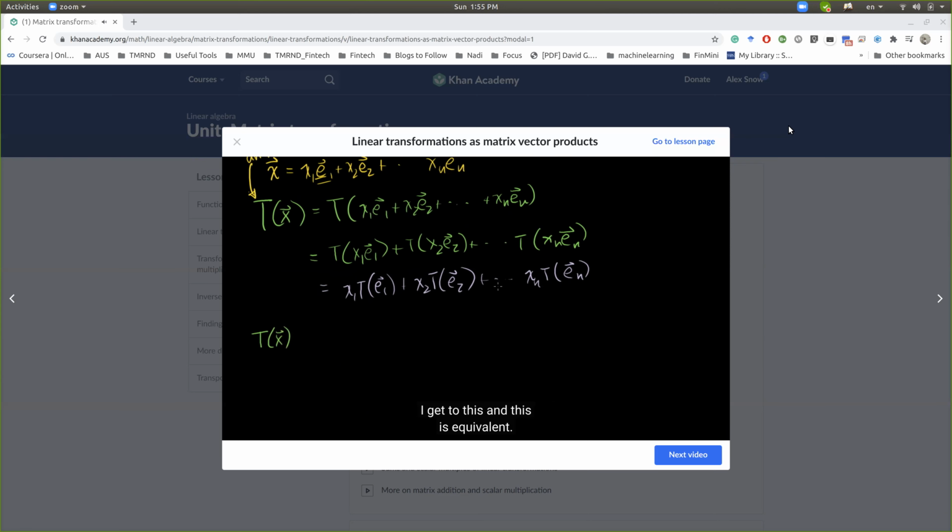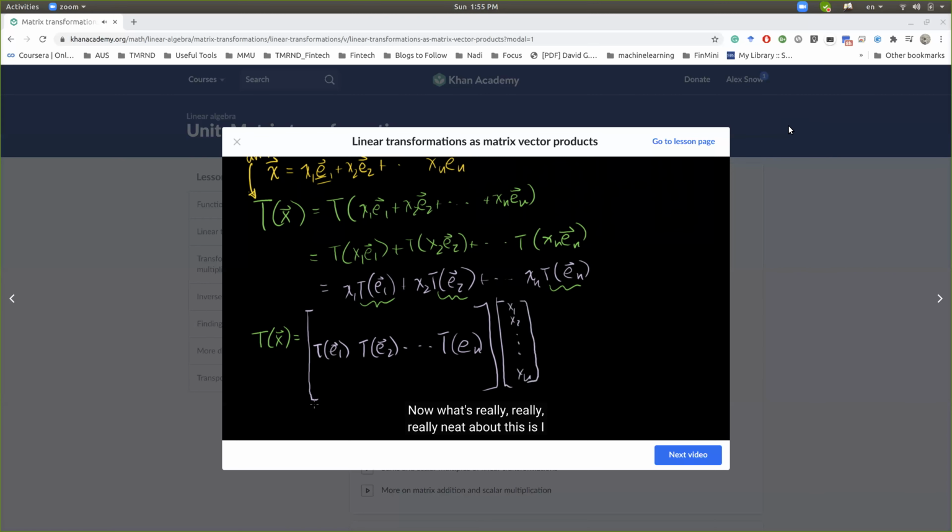I get to this, and if we view each of these as a column vector, this is equal to the matrix where the first column is T(e1), the second column is T(e2), and we go all the way to T(en), times x1, x2, all the way to xn. We've seen this multiple times.